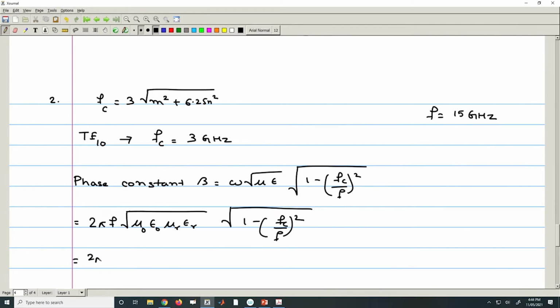So, 2 pi f upon c, epsilon r we had 4. So, square root of 4 is 2 multiplied by 1 minus cutoff Fc is 3 and operating frequency is 15. That will give us 615.62 rad per meter.